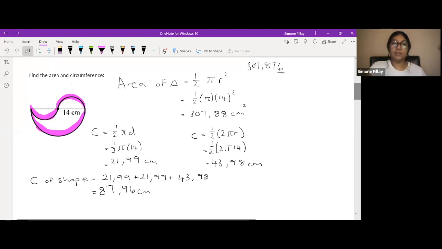How many marks can this be? Wow, honestly, let's ask Miss Cat. Miss Cat is the teacher. Miss Cat, how many marks are we going to give here? All right. For the whole thing with the area, one for the formula of area, one for substitution, and if I'm being nice, I'll give you one for the answer. And the method of adding, so that circumference of shape plus plus plus, is a method mark.